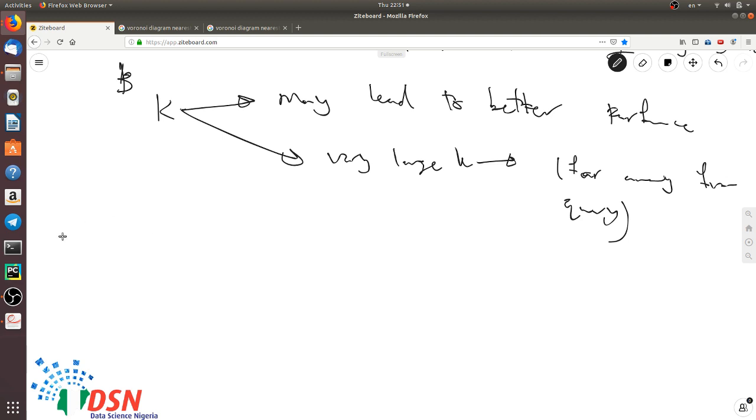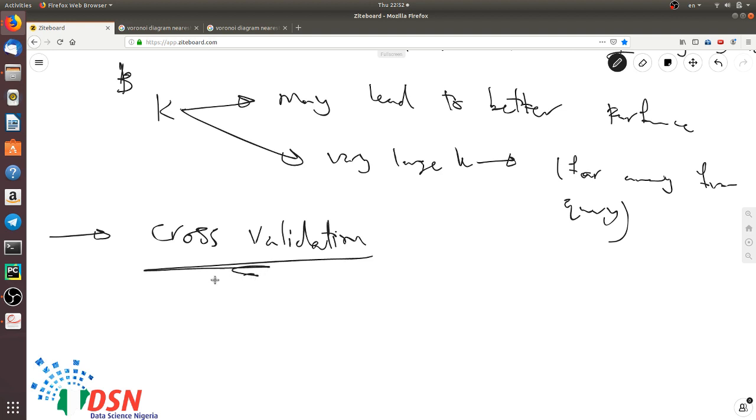So the best way to find K is to use cross-validation. You just need to run a cross-validation to find K for K nearest neighbor.